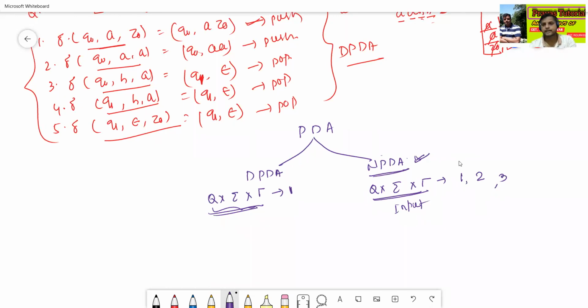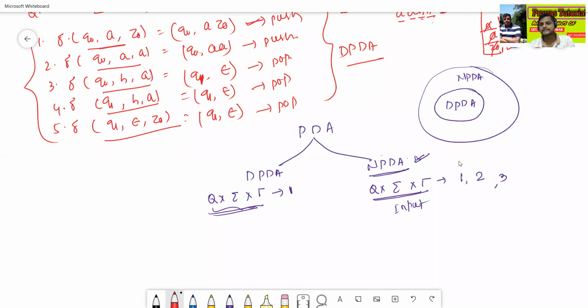So that's why every DPDA is called an NPDA. Every deterministic push-down automata is a non-deterministic push-down automata, but every NPDA need not be a DPDA.